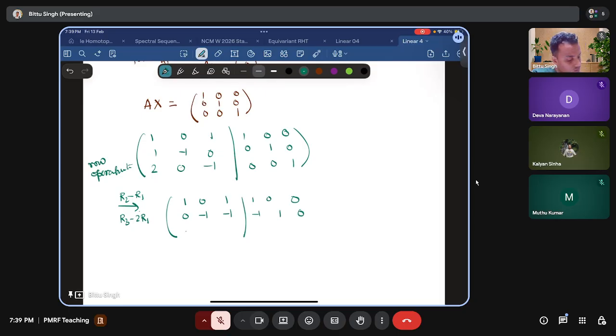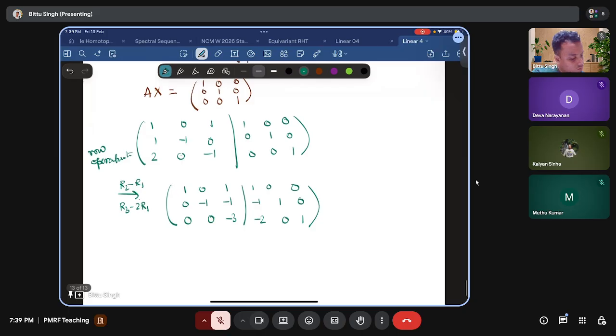Then 2 minus 2 which gives me 0, 0, and then -1 and -2 which is -3, and there will be -2, 0 and 1. Now what we can do is multiply R3 by -1/3. So everything remains fixed.